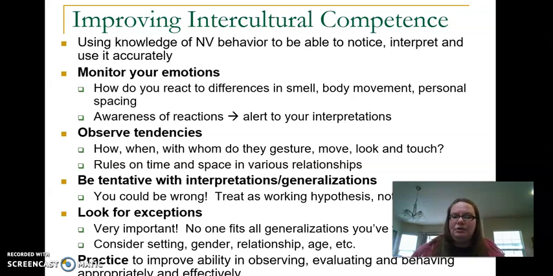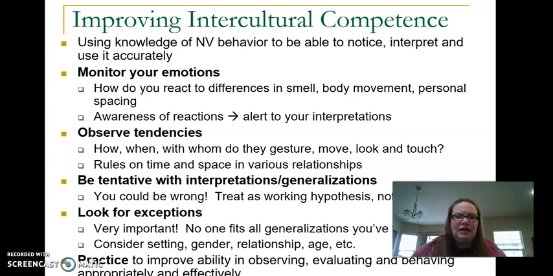And then you're looking for exceptions, right? So your experience might be the exception. And you've got to kind of look around and see what's going on. So look at the gender, the age of the participants, to kind of make some evaluations. And then you can always ask people that you're interacting with. The tricky thing is when you ask someone, it's very hard sometimes for them to acknowledge or understand exactly what's going on too.